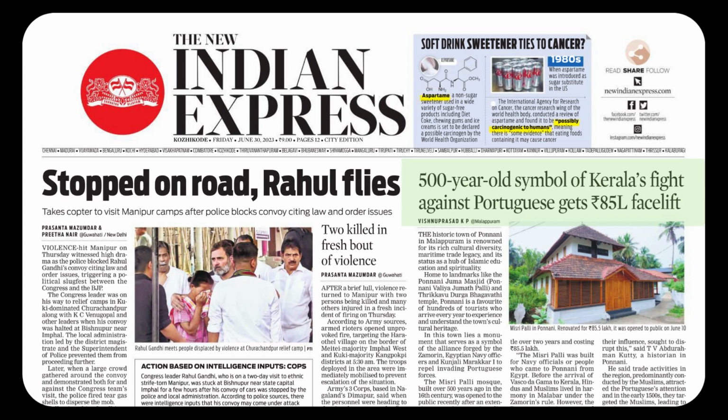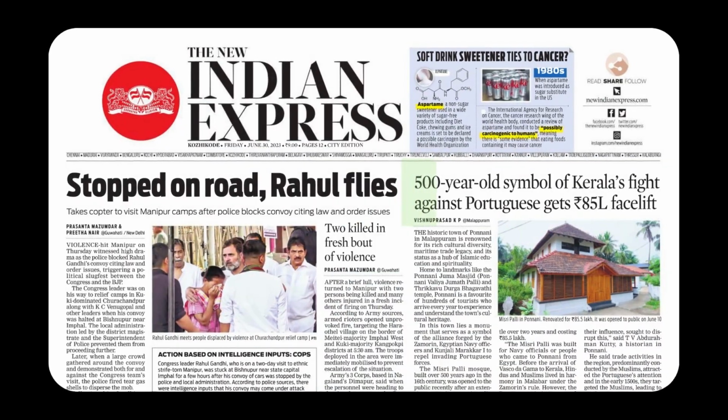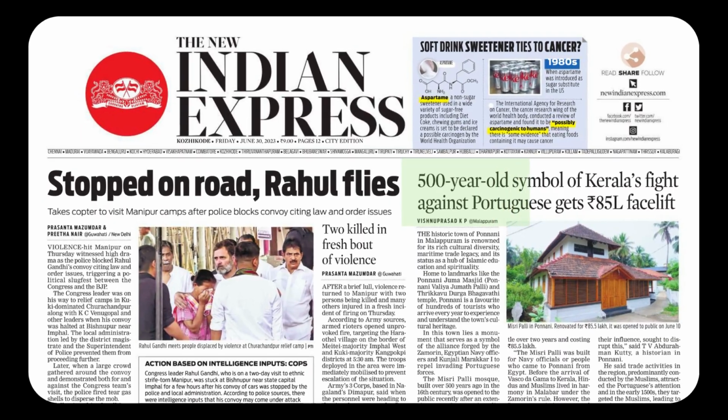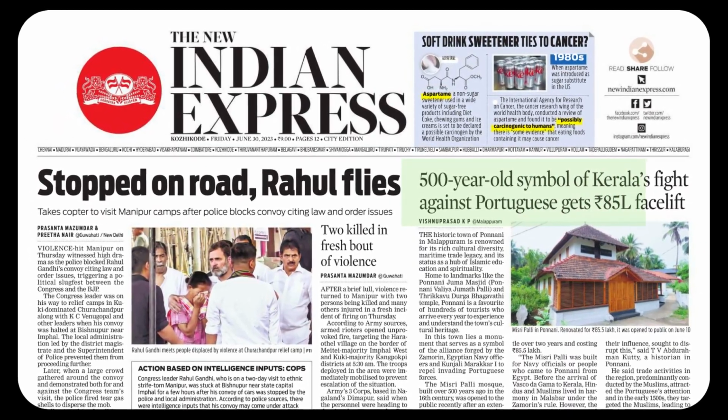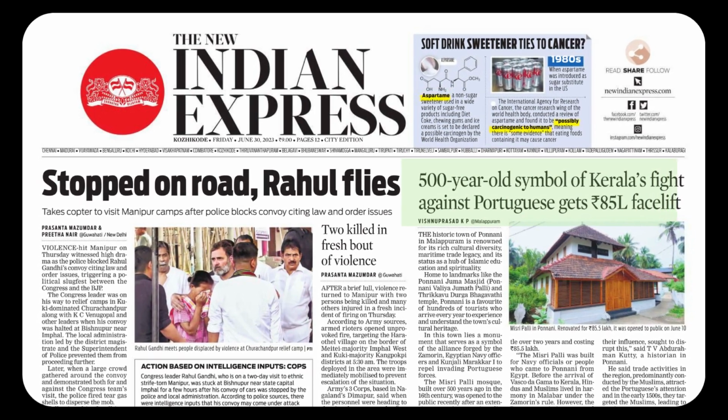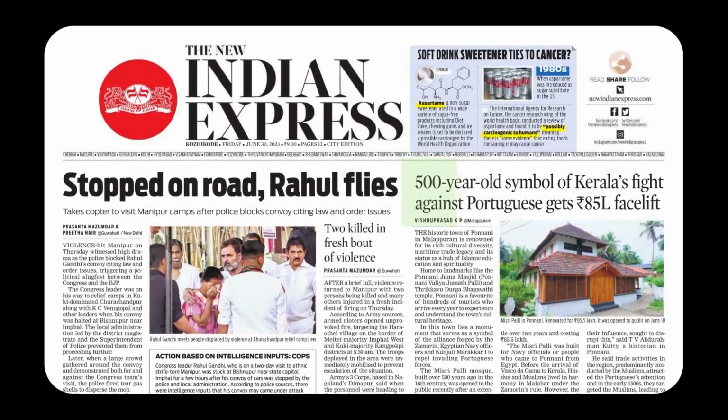500-year-old symbol of Kerala's fight against Portuguese. Okay, that's very important. Gets. The main verb is very simple. Get. G-E-T. Get has a very important verb pattern. Get, got. In the UK, got, and for the US, it is gotten. Get means you obtain something. It gets 85 lakh facelift. The facelift, that's a beautiful word. F-A-C-E-L-I-F-T.